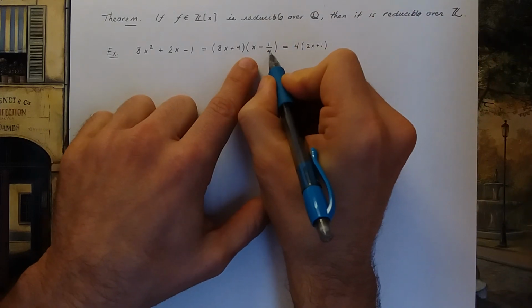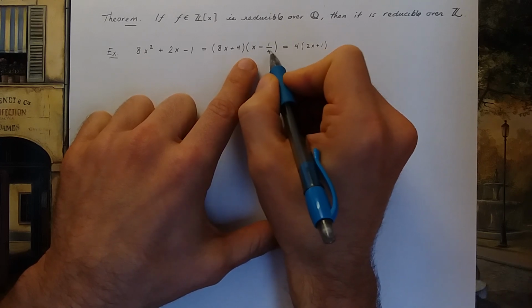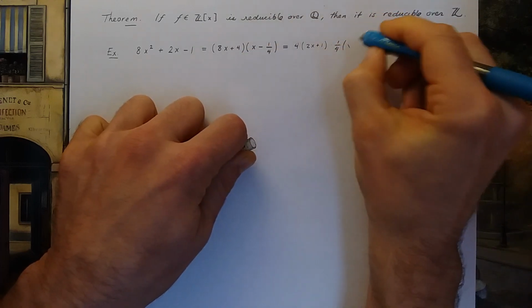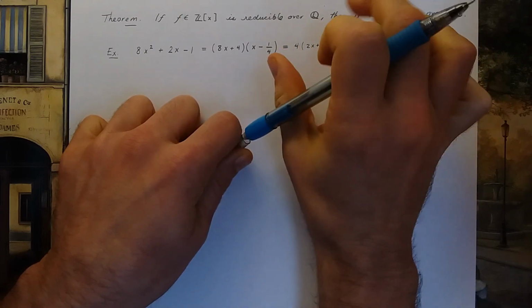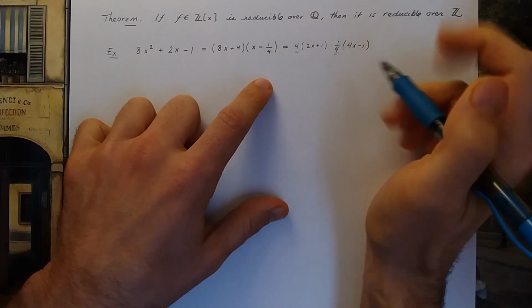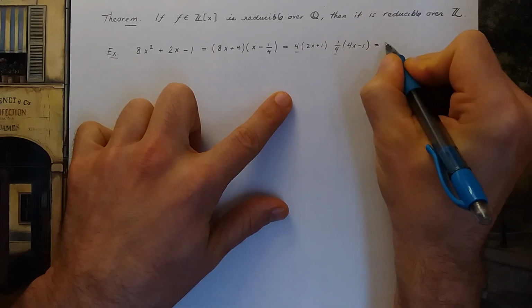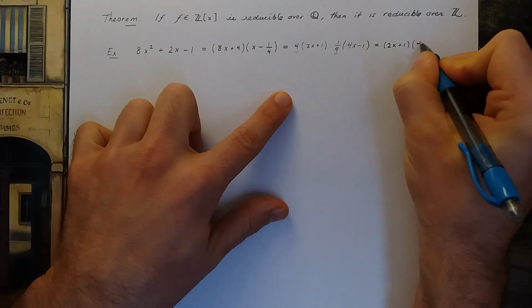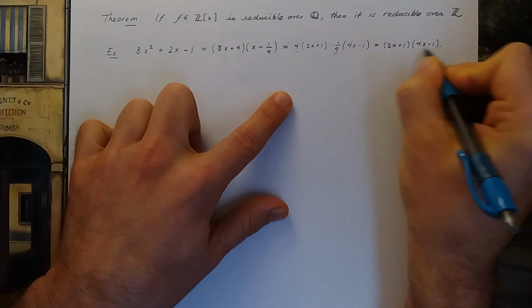And in this polynomial, I can factor out a 1/4, and write that as 1/4 times 4x minus 1. This 4 and this 1/4 magically cancel, and I'm left with 2x plus 1 times 4x minus 1. Now I have integer coefficients.